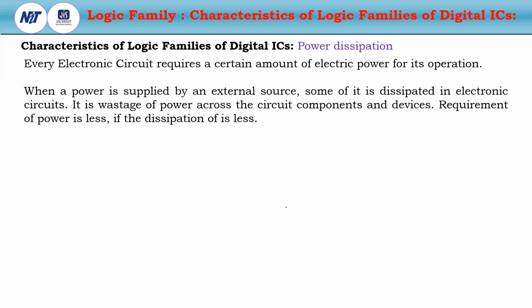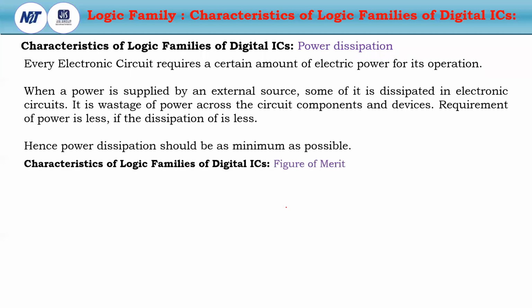When power is supplied by an external source, some of it is dissipated in electronic circuits. It is wastage of power across the circuit components and devices, because this power is lost by the electronic circuits. The requirement of power is less if the dissipation is less.